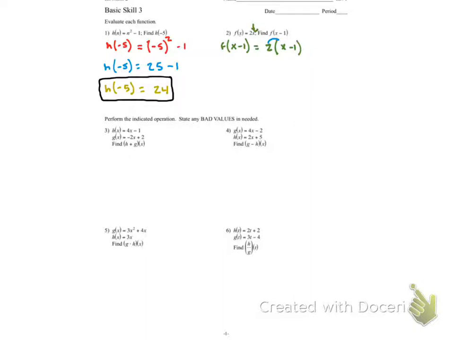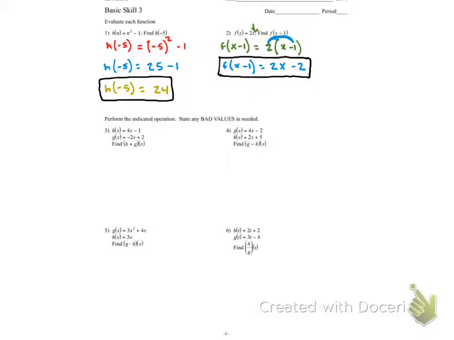So this needs to get distributed, right? It's touching parentheses. So f of x minus 1 equals 2 times x is 2x, 2 times negative 1 is negative 2, and there's nothing further that we can simplify. So we plugged in x minus 1 for x and we got 2x minus 2.